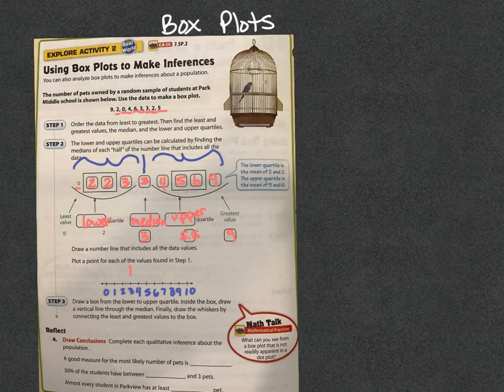That's 5.5 right here between the 5 and 6. Then I'm going to do the same for the lower quartile section. The median of this lower section gave me the ending of the lower quartile. That was 2. I'm going to box those off.